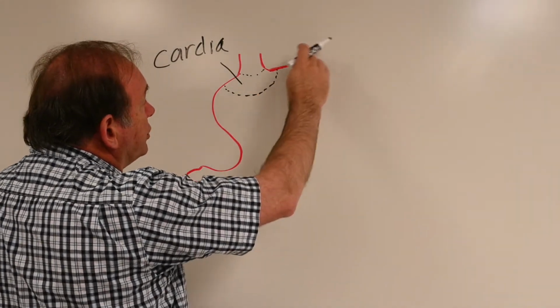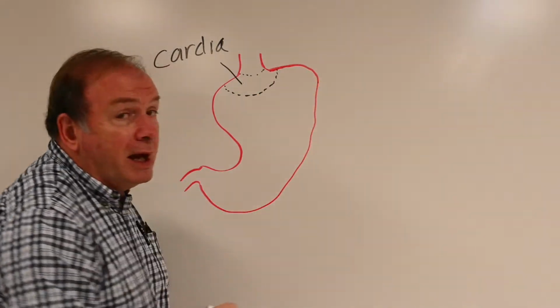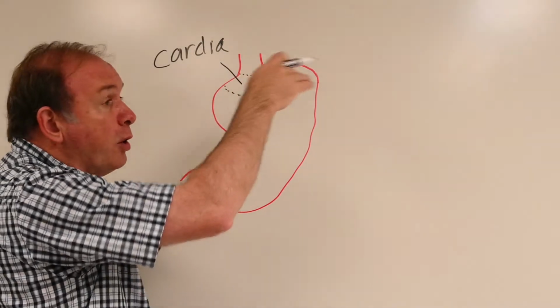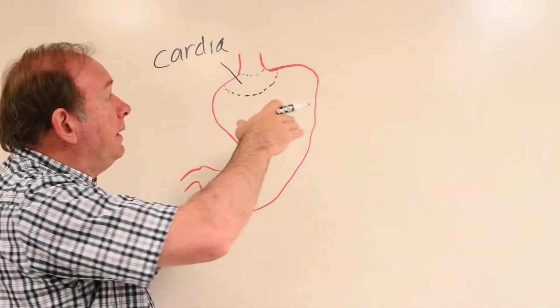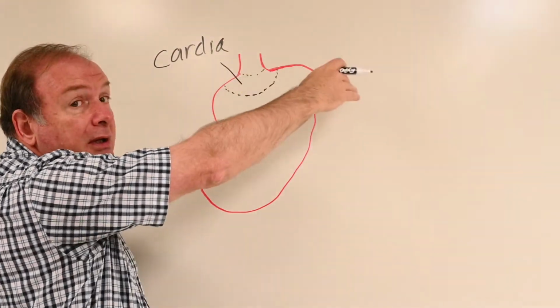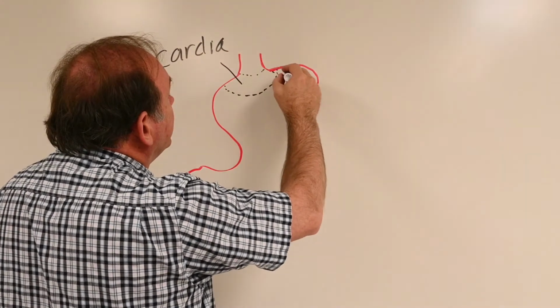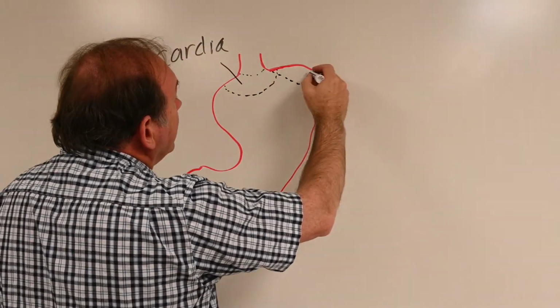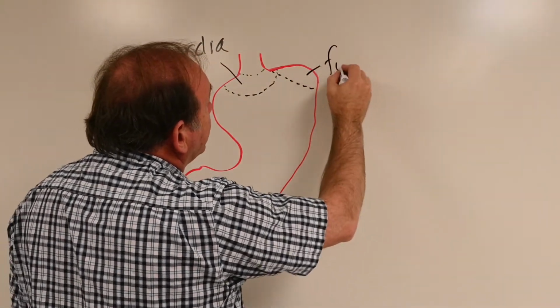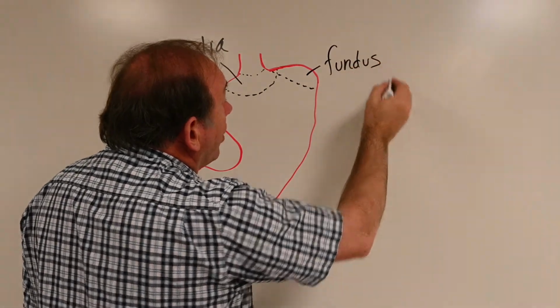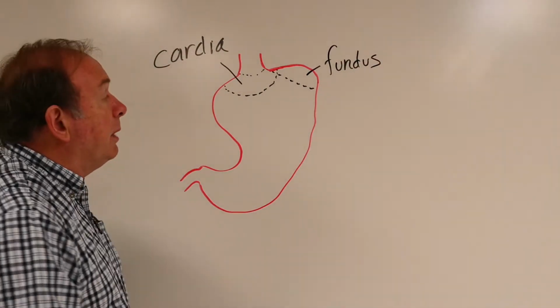Adjacent to that, there's a portion of the stomach that's kind of pushed up against the diaphragm, kind of a domed up region there beside the esophagus over on this side. This region that's kind of raised up against the diaphragm is referred to as the fundus or fundic region of the stomach.